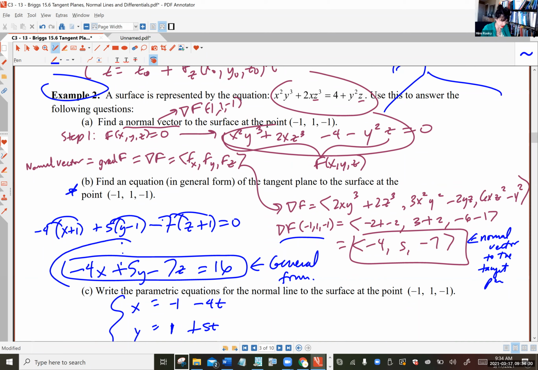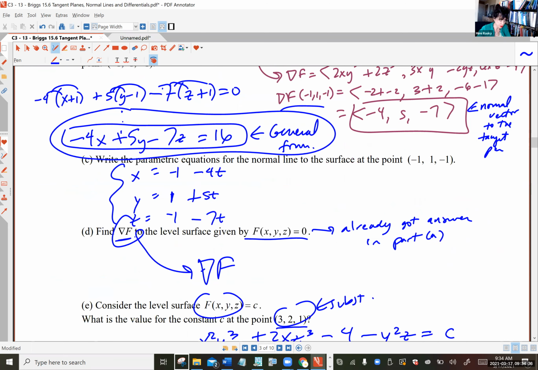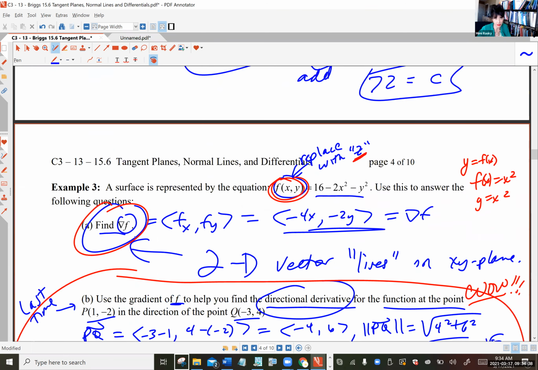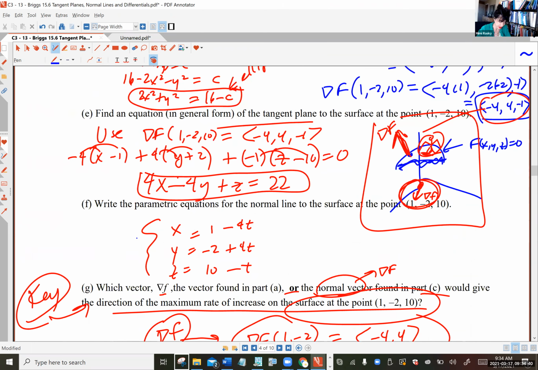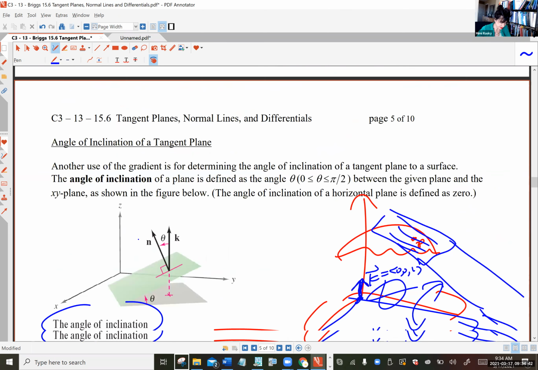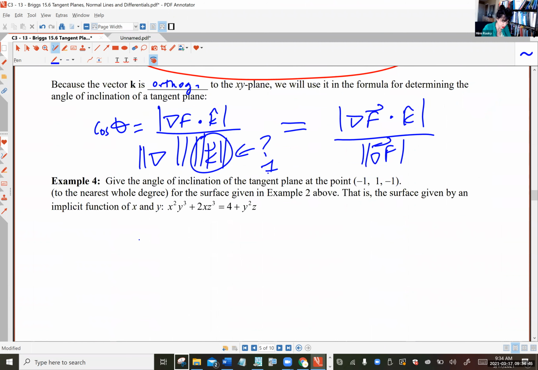We know what the normal vector components are, because those were the components of the gradient, so we don't have to do so much hard work. Big del F evaluated at the point -1, 1, -1 was the vector -4, 5, -7.